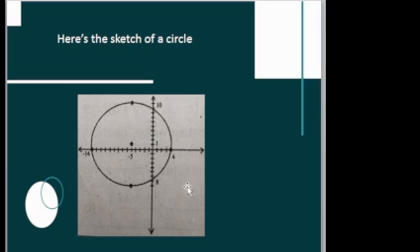And to form a circle, you have to count 9 units. So 1, 2, 3, 4, 5, 6, 7, 8, 9. So we have at the other side 9 units also at the left side, and 9 units at the right side, and 9 units down. So we can form a circle. That's the sketch of the circle. The center is negative 5 and 1, and the radius is 9.